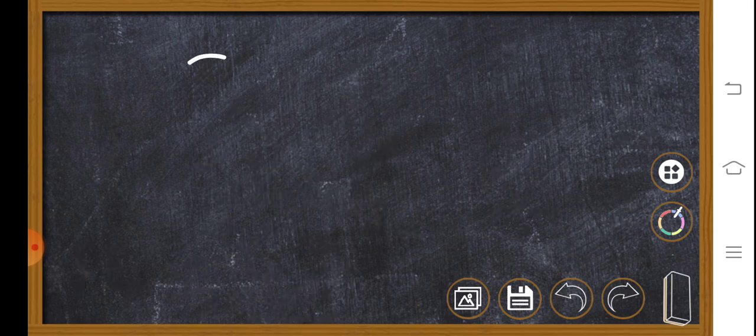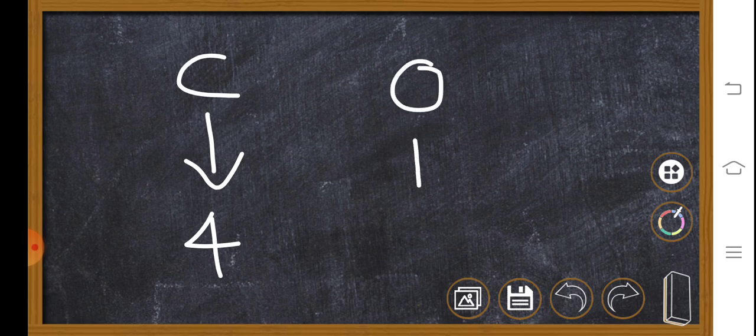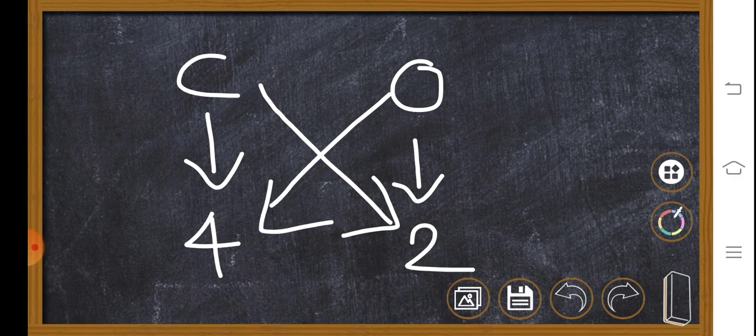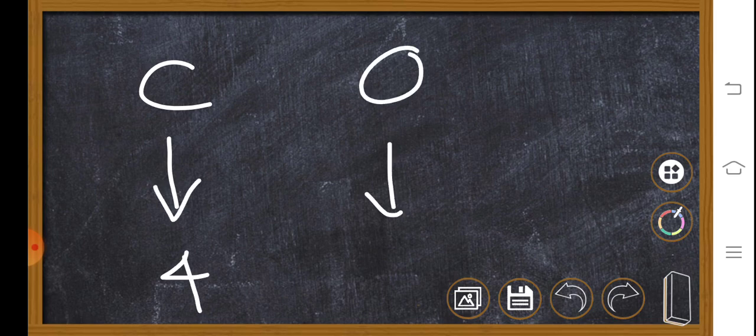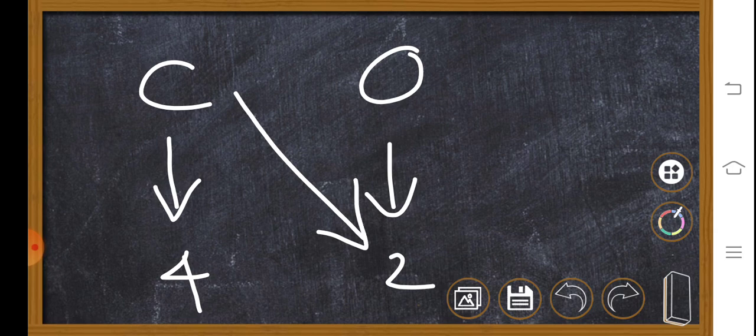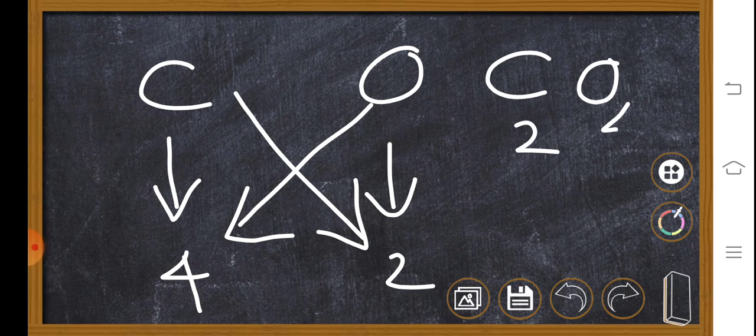In the case of carbon, the valency is 4 and oxygen's valency is 2, and we cross the valencies like this and we get C2O4.